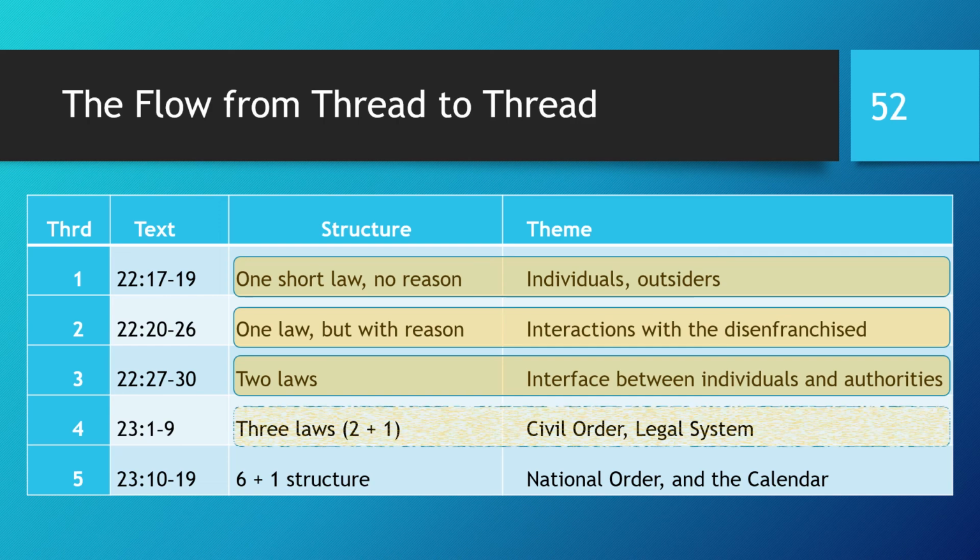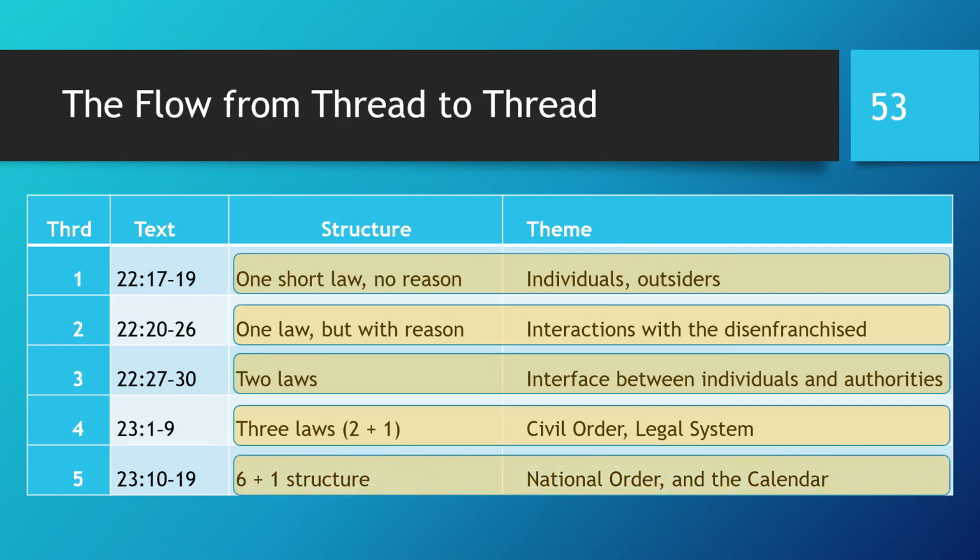Then, the complex visualization created by thread 4 integrates individuals into the civil legal system while increasing the number of laws in each segment to 3. And finally, thread 5 shows a complex 6+1 structure reflecting the 1+6 pattern in threads 1 to 4 and setting out the national order for Yahweh's nation with its annual rhythm set by a divinely appointed calendar.